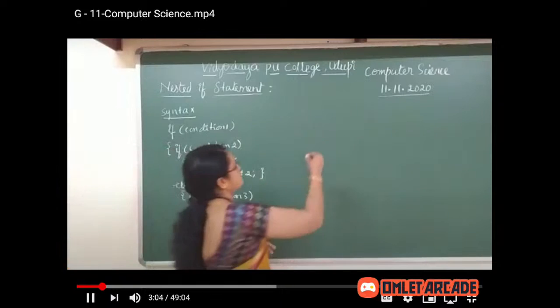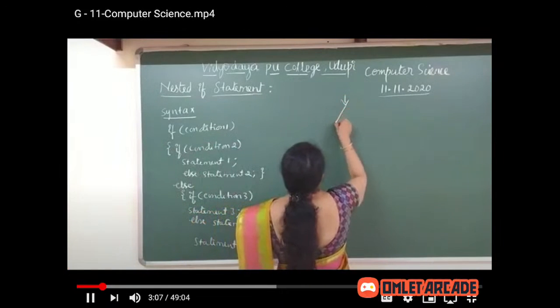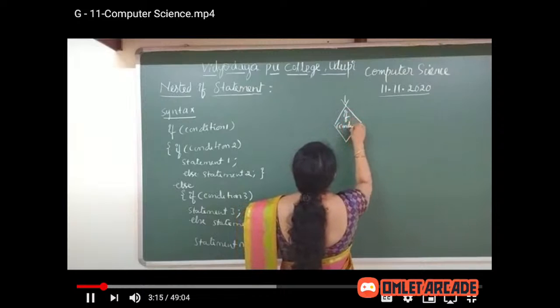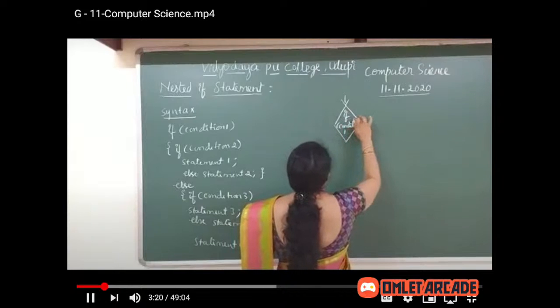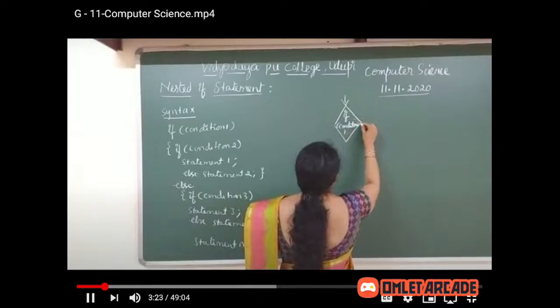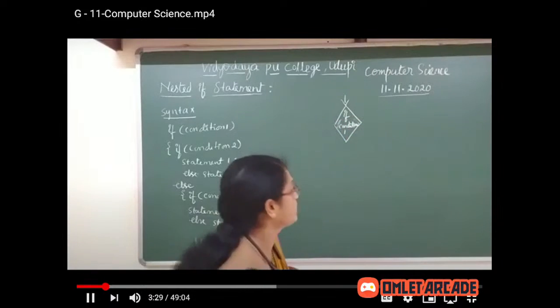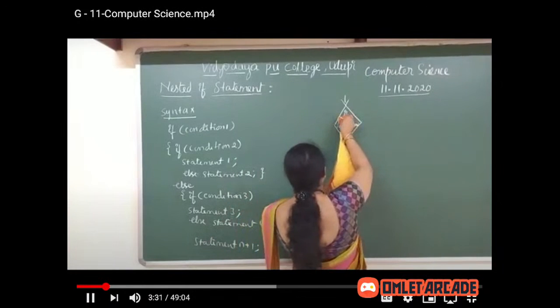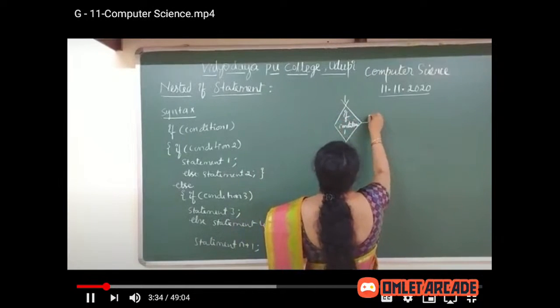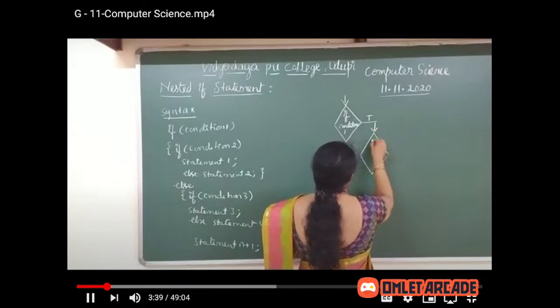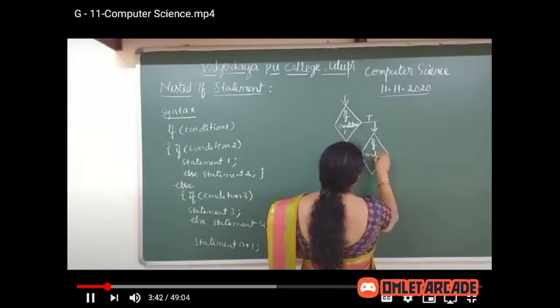Okay, now what is the flow chart for the same? If condition 1, either with bracket or without bracket you can write. Next, if it is true, it checks one more condition, that is condition 2.